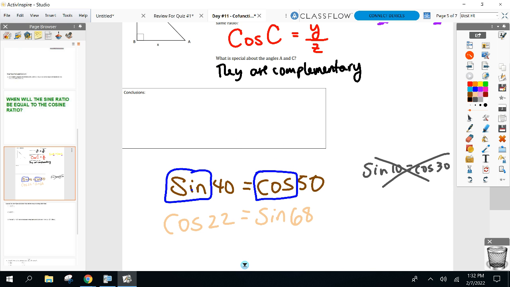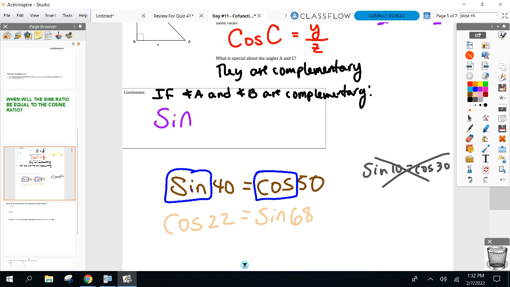So let's officially write this in the conclusion box now. We've talked about it enough. If angle A and angle B are complementary, the sine of A is going to be equal to what? If A and B are complementary, they add to 90.